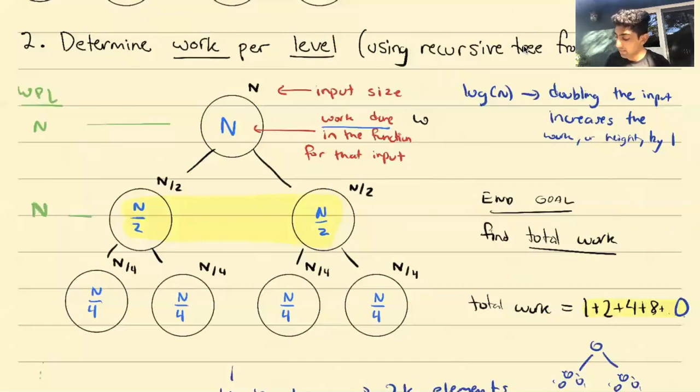If we look at the next level of this tree, what we'll notice, which is really, really cool, is that each level of this tree is actually doing n work. So to find the total sum, we just need to figure out the total number of levels and then multiply that by n.